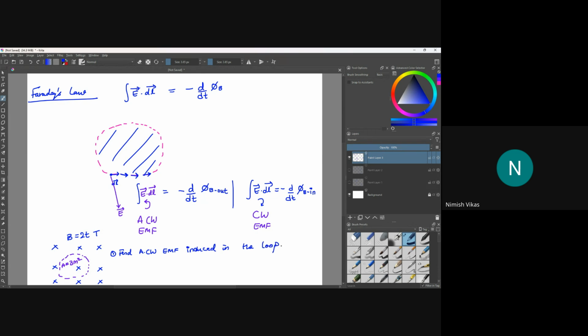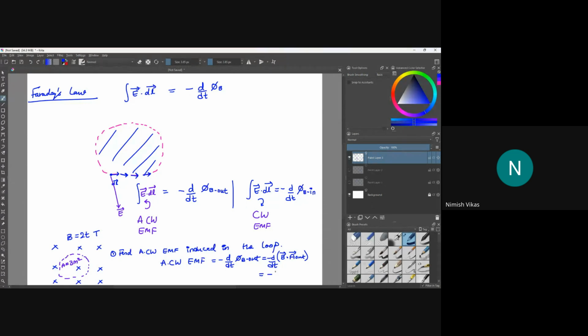Well, you don't have to do anything. Faraday has done it for you. So according to Faraday, anti-clockwise EMF is equal to minus d by dt of phi b out. Phi b out, the flux that is going outwards, is nothing but B bar dot A out.